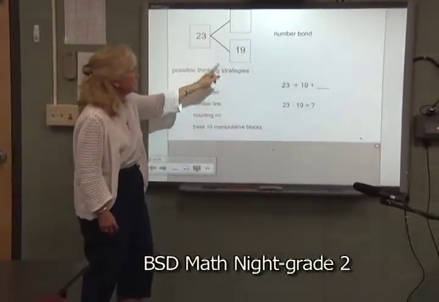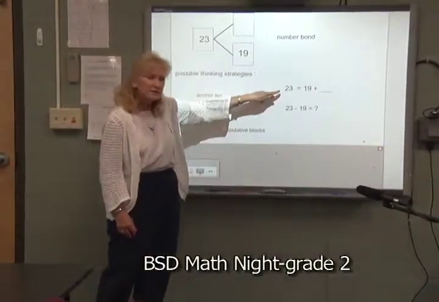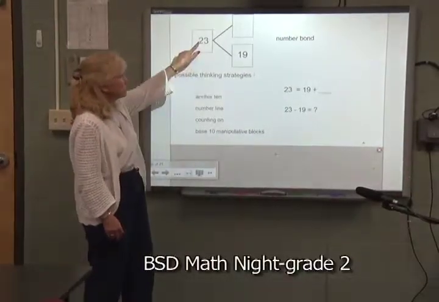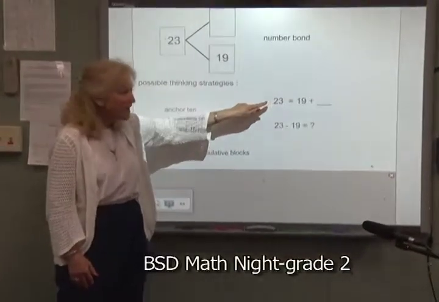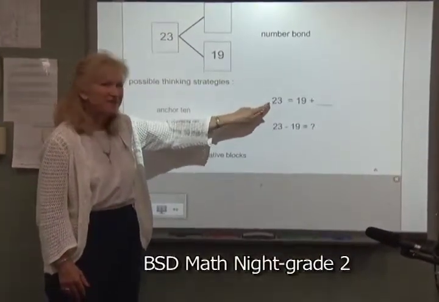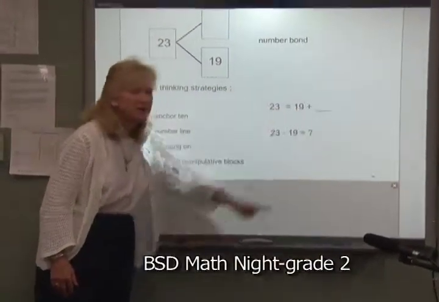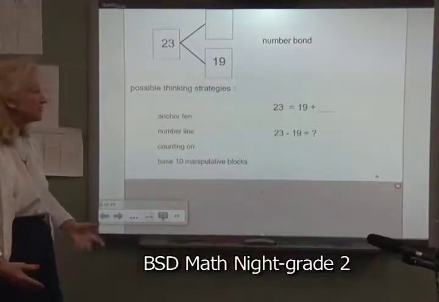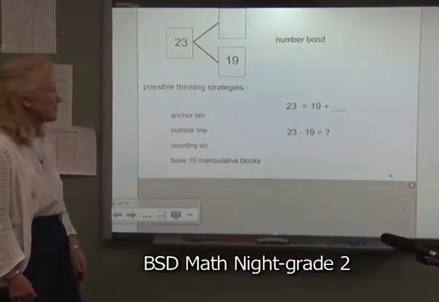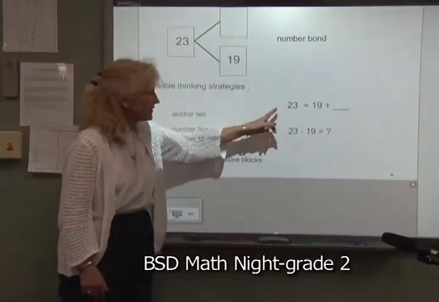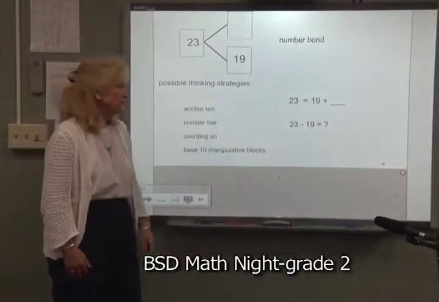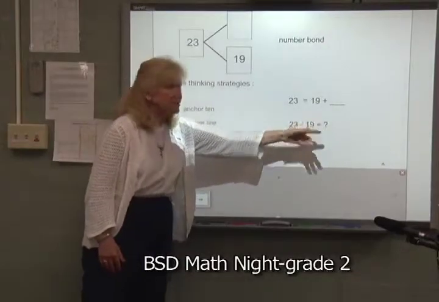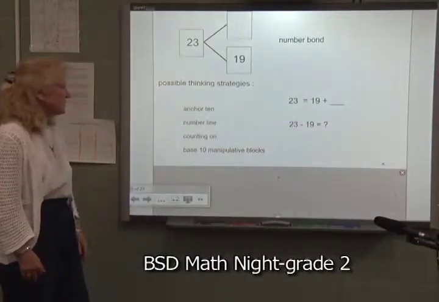This number bond is really an addition equation. 23, and it's not backwards. It's okay to have the 23 on the left equaling my expression, 19 plus how many more. One of the related fact families for 23 equals 19 plus what, is 23 minus 19 equals, yes.